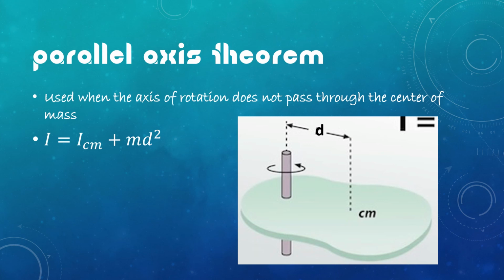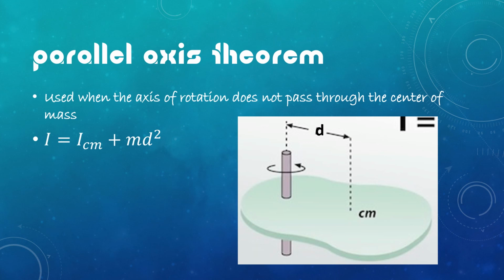So this parallel axis theorem is commonly used when your axis of rotation does not pass through the center of mass. And it's actually a relatively simple way of finding the moment of inertia for your object. This is an equation that is not on the equation sheet, but because it's so useful, it's one of the few equations that I suggest that you memorize.